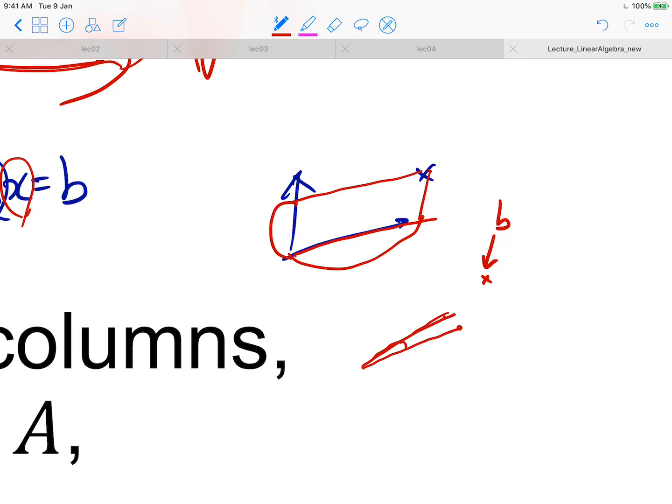Maybe we can stretch this a lot, and then maybe the first one can be like this one. Although the shape is really ugly, you get the idea, right?